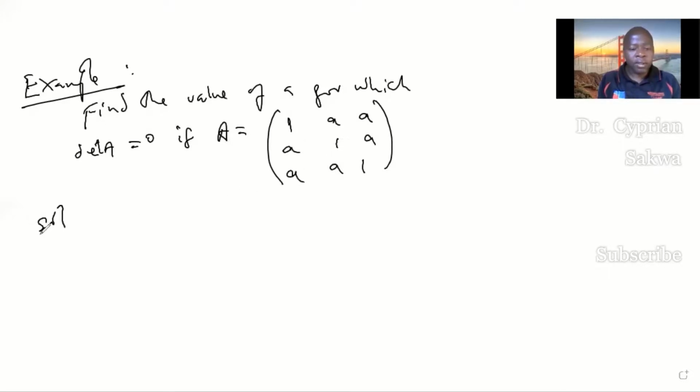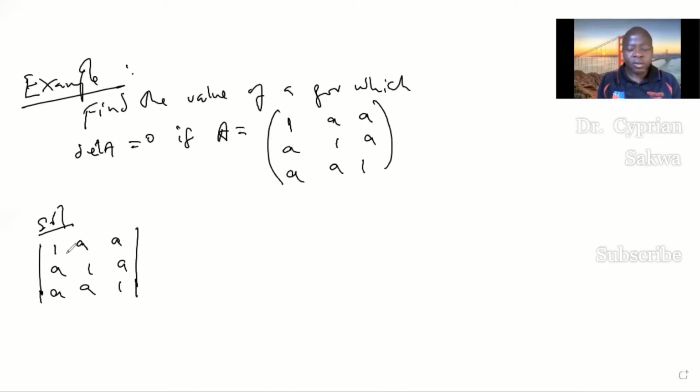Solution, let's just proceed and find the determinant of this matrix. 1 R R, R 1 R, and R R 1. So last time we said that for us to get a determinant easily, we introduce zeros.